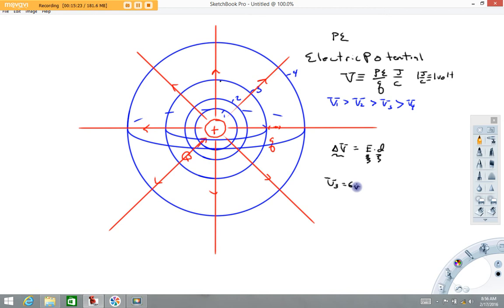That means if I put a 2 coulomb charge in that location, it would have a potential energy of 6 volts times 2 coulombs, which is 12 joules. So it tells us the potential energy of that particle. Again, remember, a volt is a joule per coulomb.